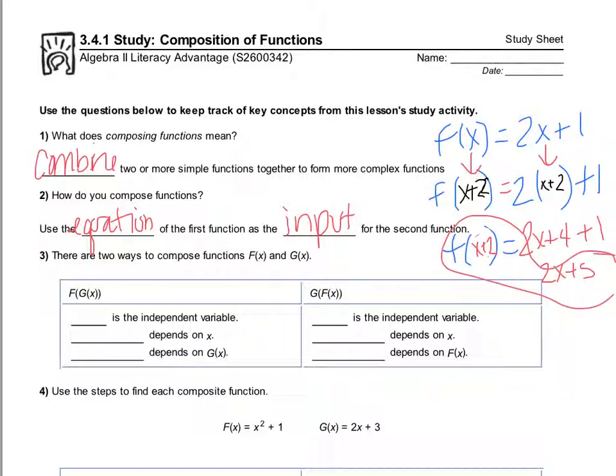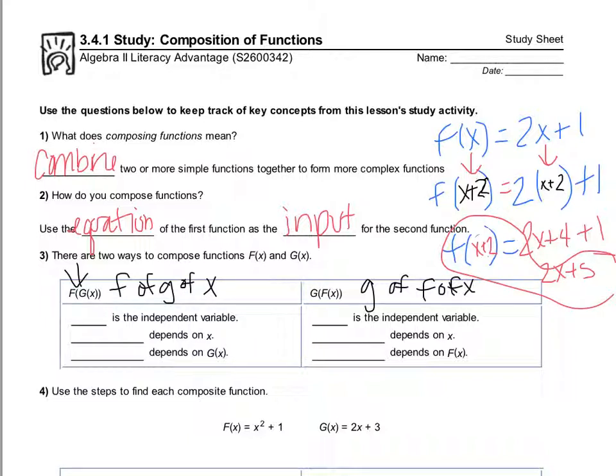So there's two ways that we can write composition of functions, f of x and g of x. The first one is this right here, and we read this as f of g of x. That's just how we say it. The other one we would say g of f of x.